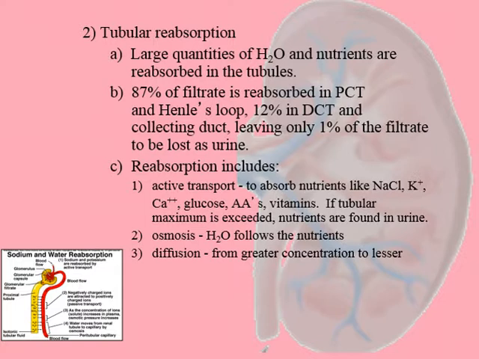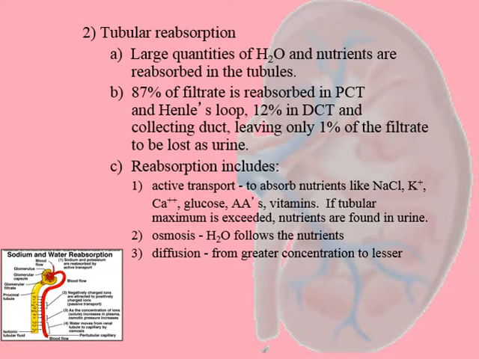What's going to be left behind will be waste products. So we're going to do tubular reabsorption. That's large quantities of water and nutrients are reabsorbed in tubules. It turns out about 87% of the filtrate is reabsorbed in the PCT and Henle's loop. Another 12% reabsorbed in the DCT and collecting duct.